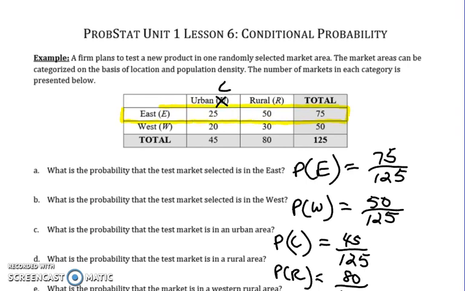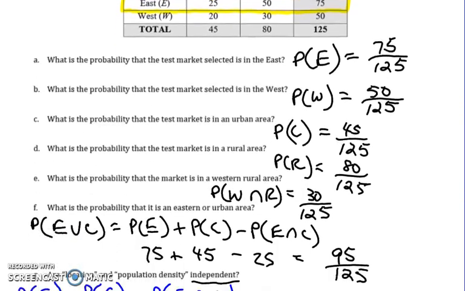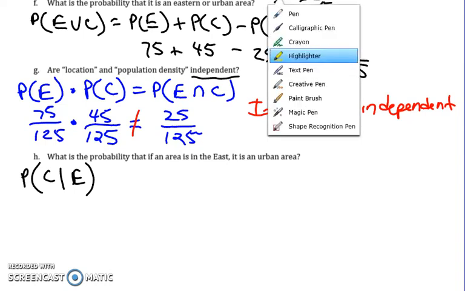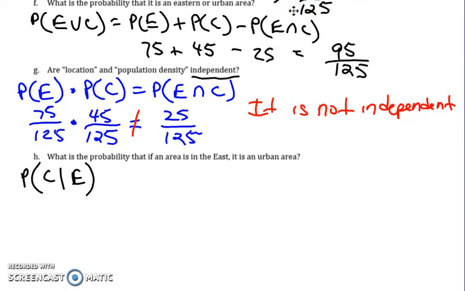And we see that that total is 75. So the probability that it's urban now is 25, and the total for the east is 75. So we get 25 out of 75.